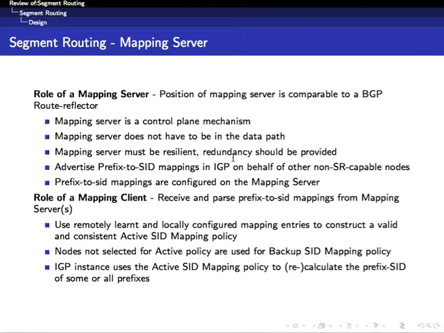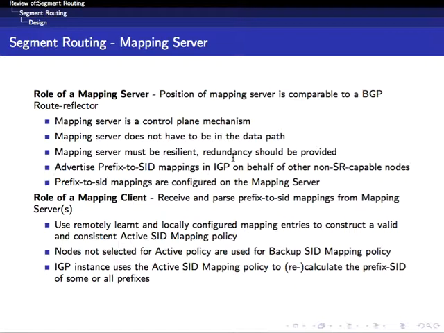Mapping servers advertise prefix to SID mappings in IGP traffic, on behalf of other segment routing capable nodes. Prefix to SID mappings are configured on the mapping server. The role of a mapping client is to receive and parse prefix to SID mappings from the mapping server, and utilize remotely and locally configured mapping entries to construct a valid and consistent active SID mapping policy.